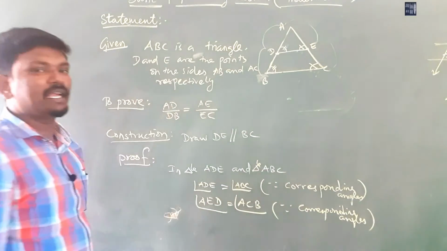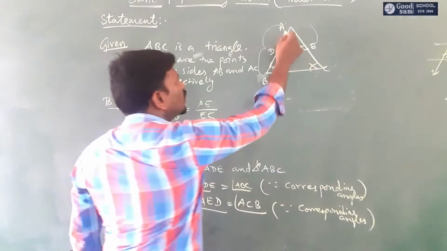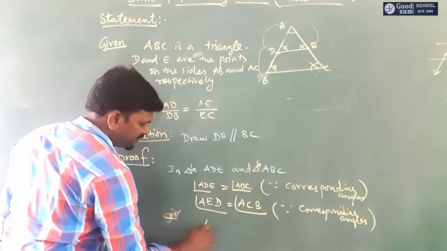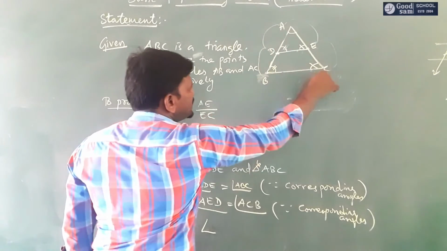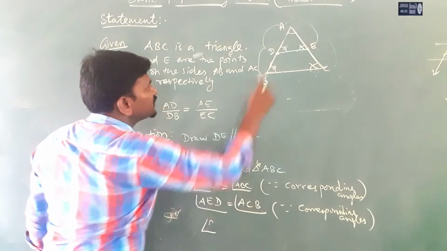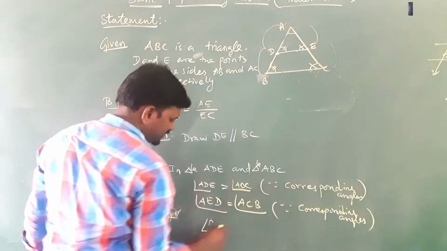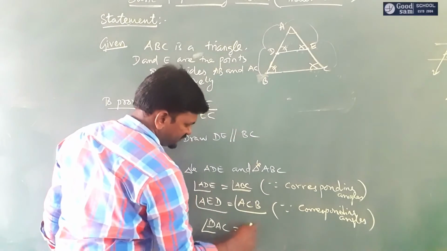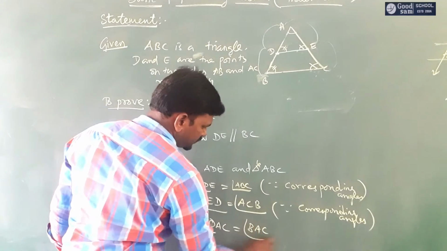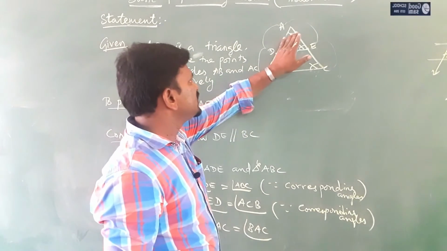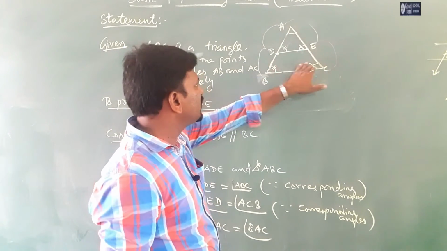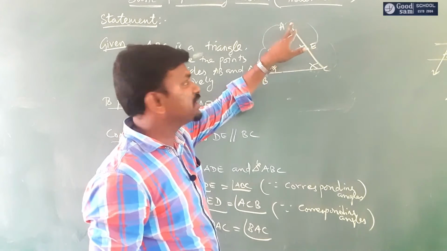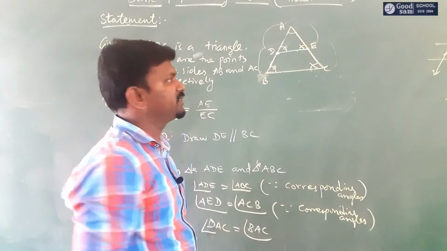They are corresponding angles. Then look at this angle, angle A, angle BAC. This triangle DAC, BAC. For this smaller triangle and this bigger triangle, in both of them this angle is the same, because it is a common angle for both the triangles.